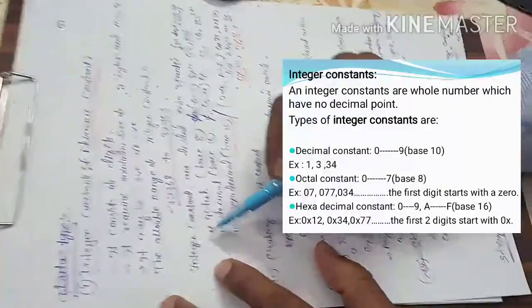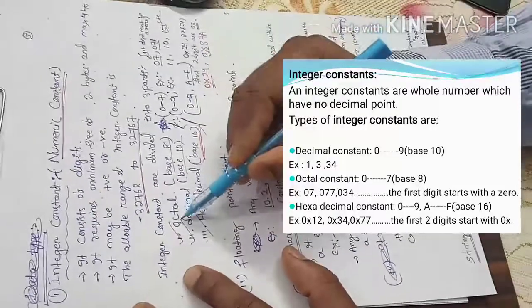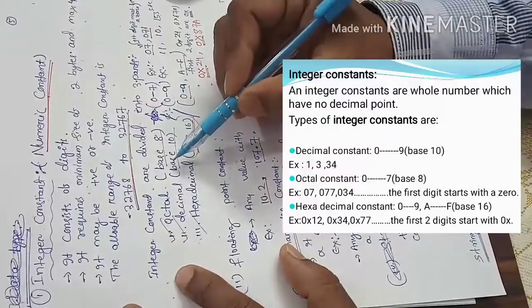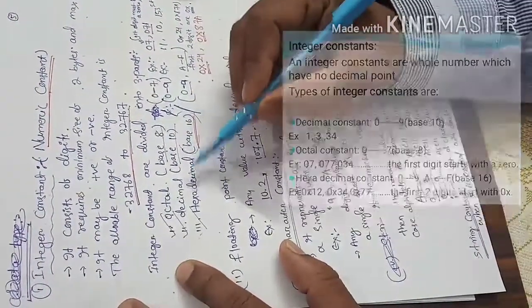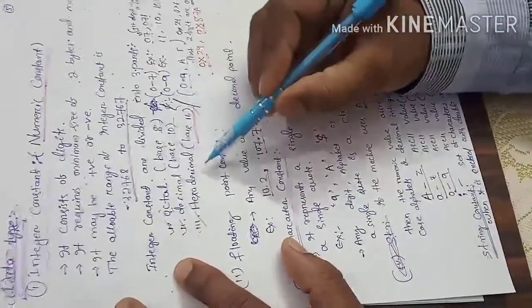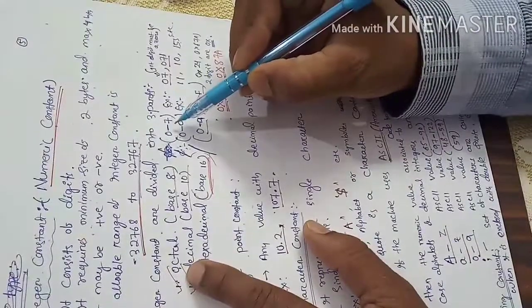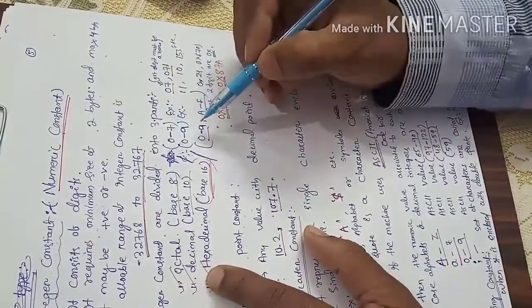So integer constants are divided into 3 parts. Those are octal, decimal, hexadecimal. For octal the base is 8. For decimal the base is 10. For hexadecimal the base is 16. In octal the digits will come from 0 to 7.